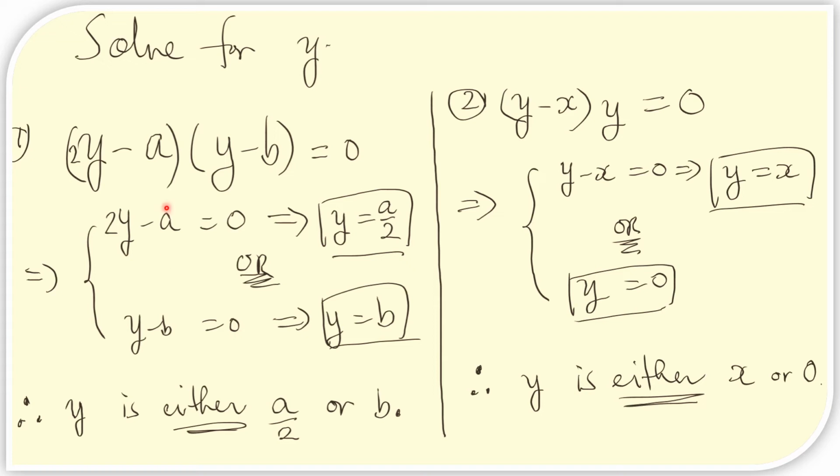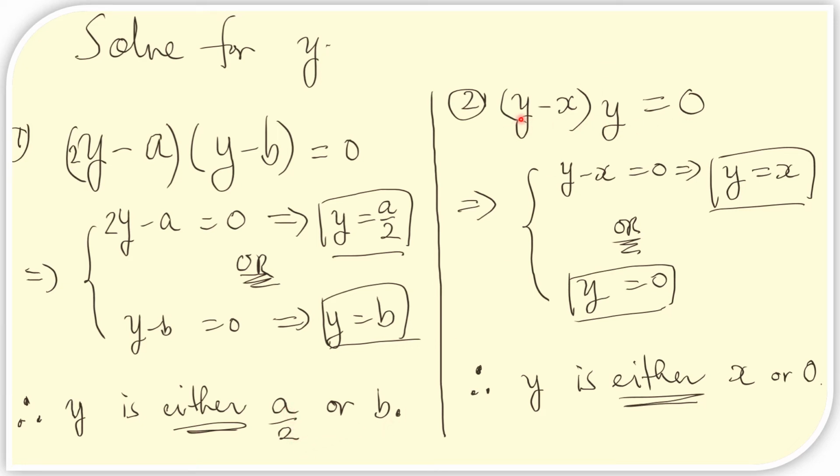Therefore, for this part of the solution, we add a to both sides so that we will be left with 2y on this side and a on this side. Then we divide both sides by 2, and so we get a solution of y equals a over 2. For this solution, we add b to both sides, and we obtain y equals b. Therefore, y is either a over 2 or b.